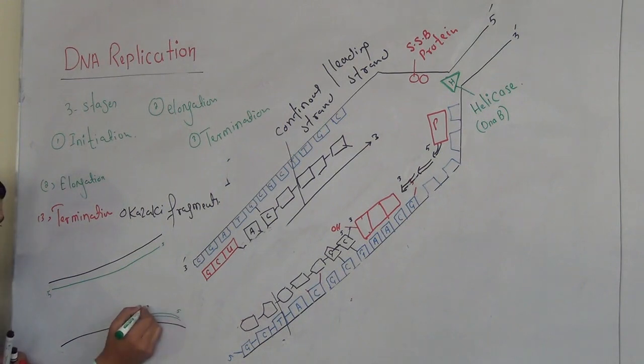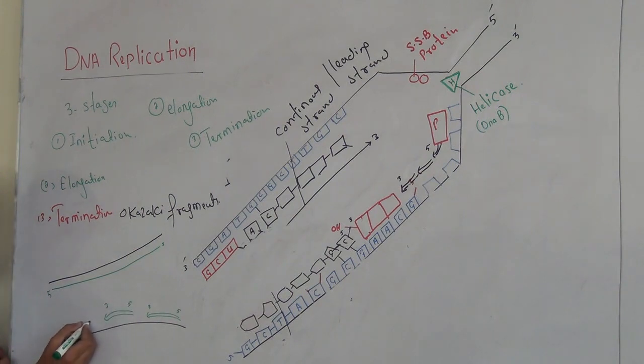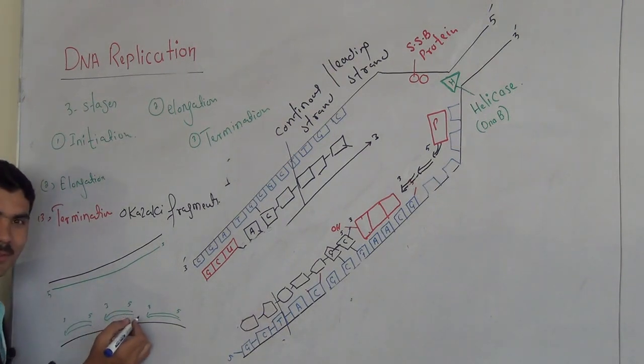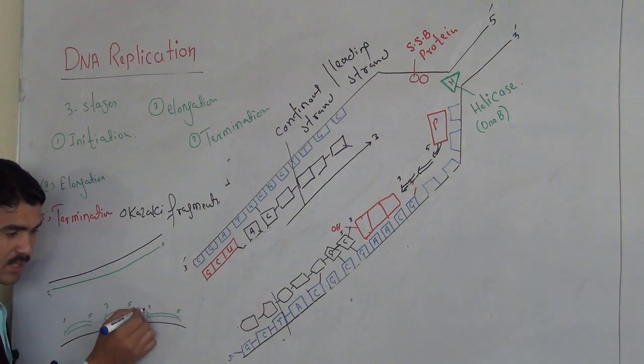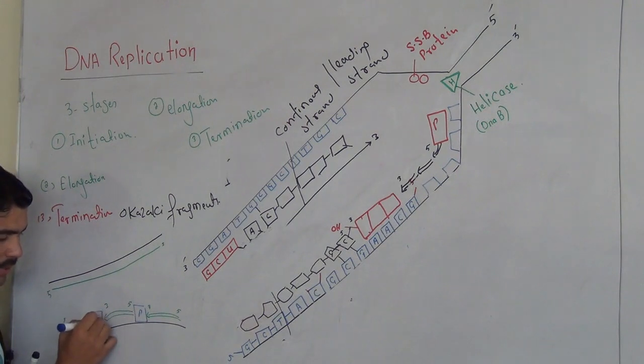This was one 5 to 3 direction, and here was another chain again in 5 to 3 direction, and there was another piece in 5 to 3 direction. What was there in between these two strands? Definitely you will say, sir, there was a primer. And so here is the primer P, here is again the primer P.